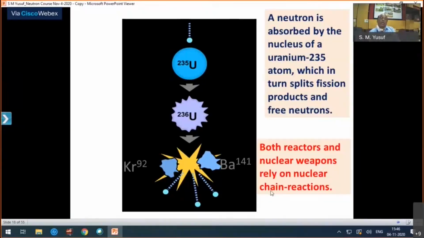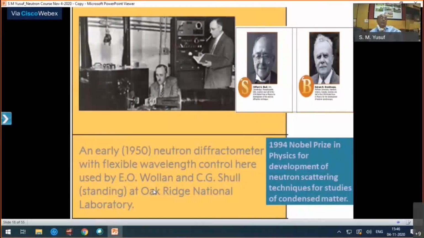In a reactor, it is very much under control, which is why we are able to do experiments there and nothing happens. But when it is used as a nuclear weapon, it is not controlled and it explodes, as you know. You all remember the Pokhran test in this regard, or what happened in Hiroshima and Nagasaki in Japan during the World War.